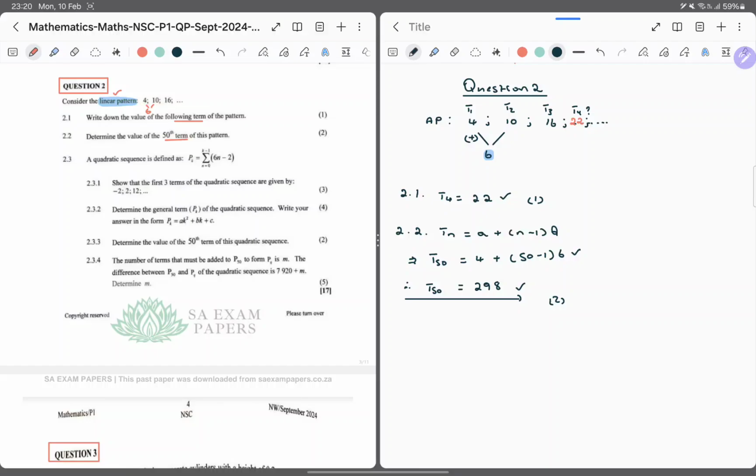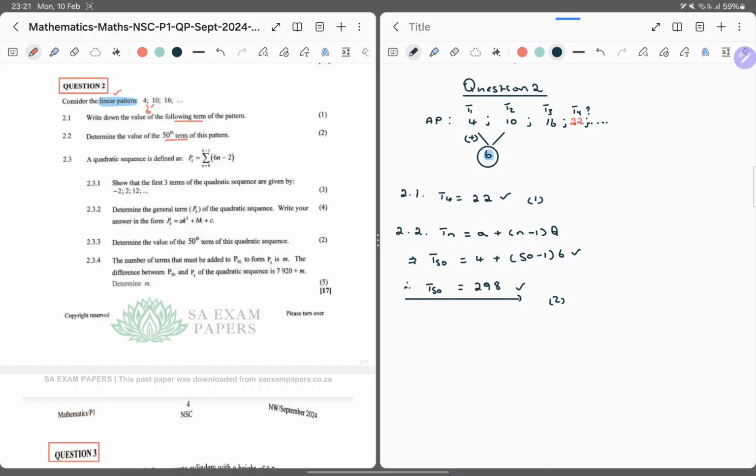But some people may know that, okay, if I'm moving from T1 to T50, I'm going to have 49 of these common differences. By inspection, one can say, okay, T50 is going to be nothing but 49 of these plus the first term. So maybe an answer only is justified.